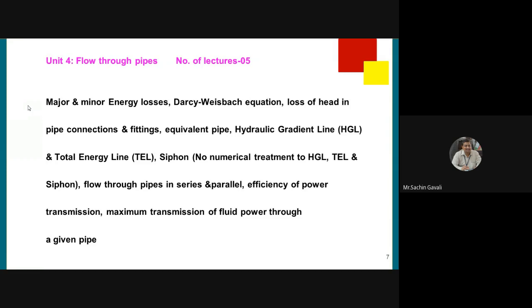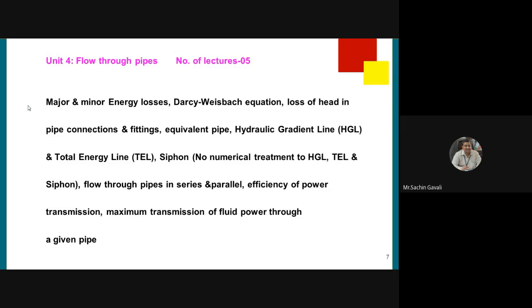Whatever pipelines we are seeing, when we want to transfer the fluid from one place to another place, we need pipelines. When we are transferring the fluid, definitely there is a loss of head or loss of energy for the fluid. Total head, we know, is the addition of pressure energy, kinetic energy and potential energy.